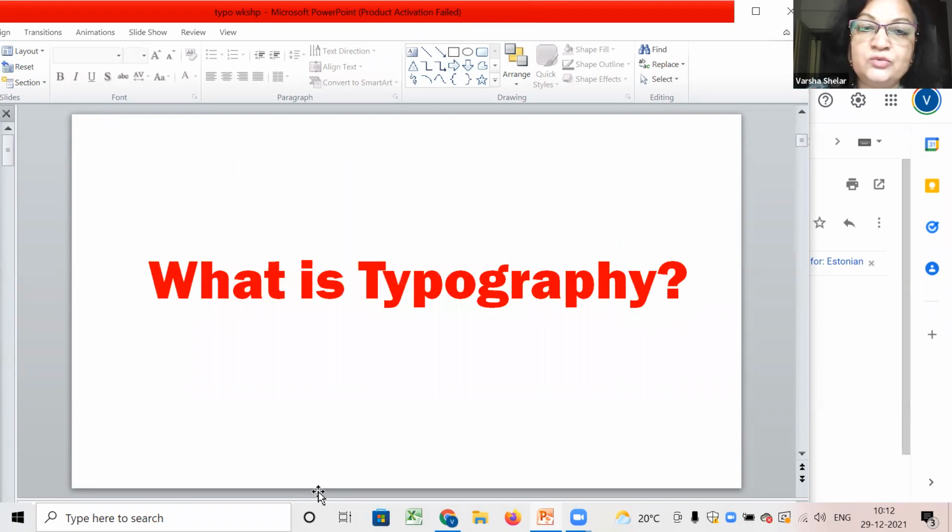So let's look at what exactly typography is. I have told you the meaning of the word, but what are the finer nuances of typography is what we are going to look at today. I'm not going to take you through the details of rules and all that; we'll do that at a later stage.